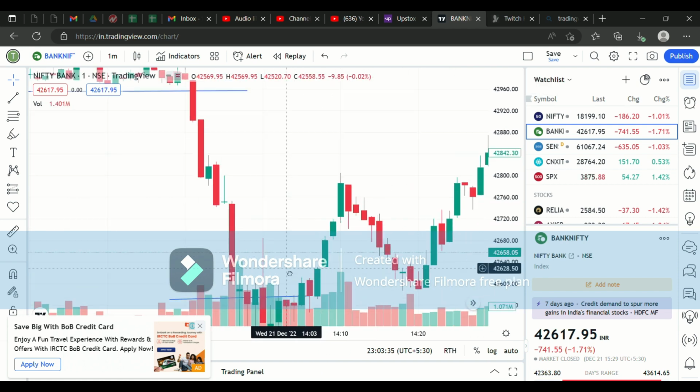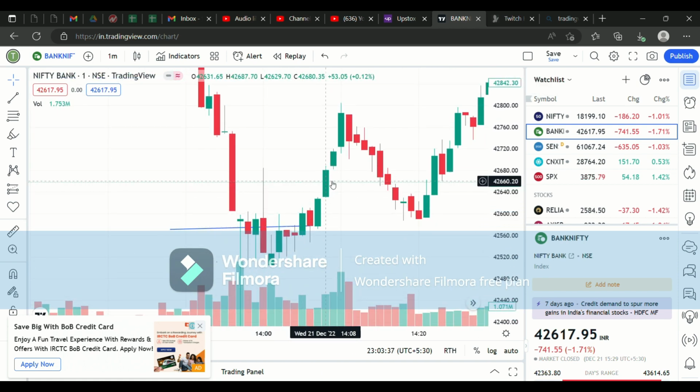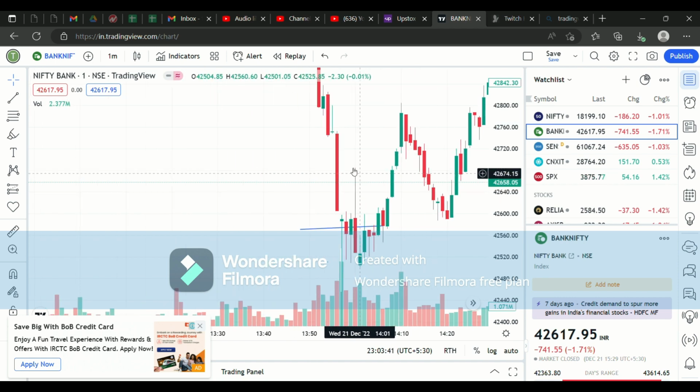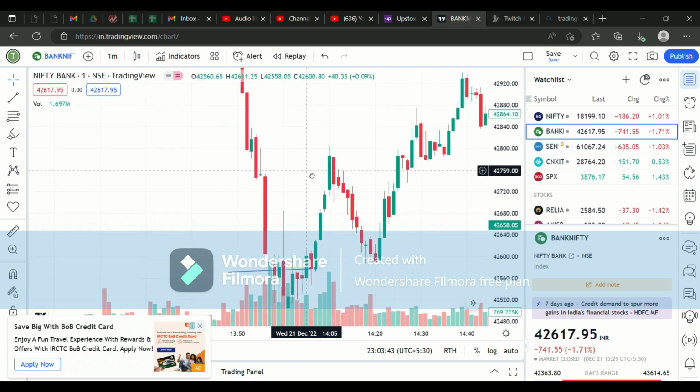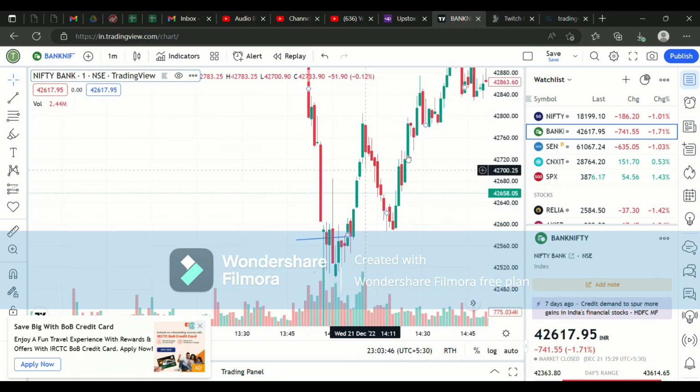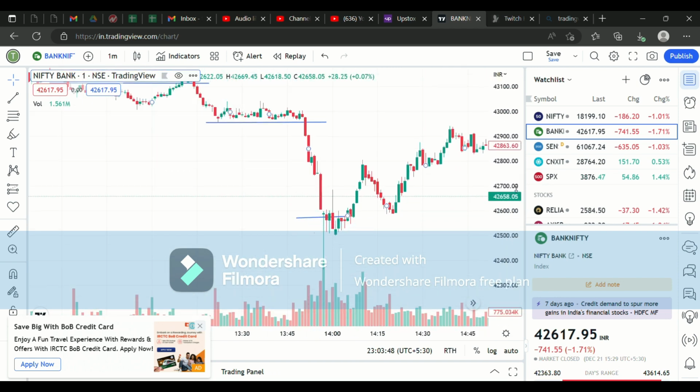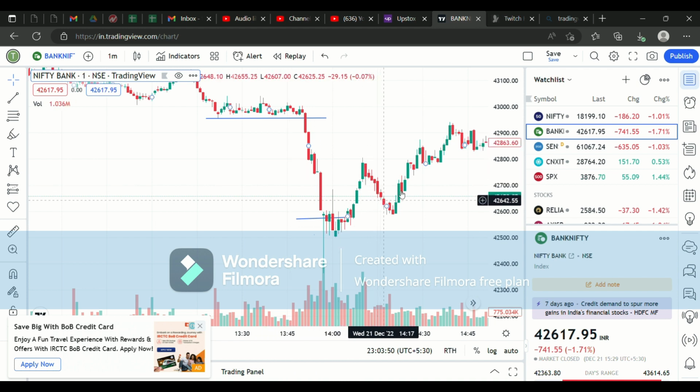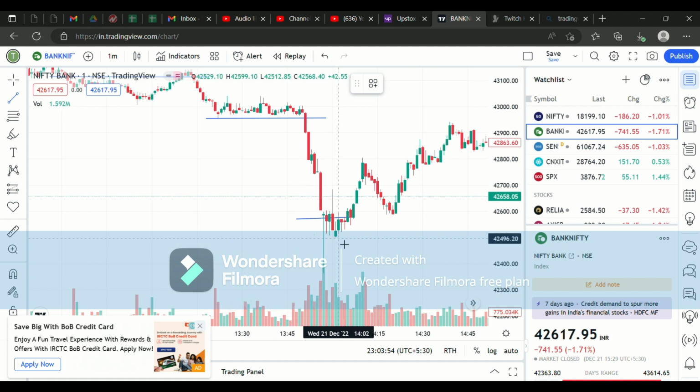And then suddenly it went up. So I didn't capture this move because I was not expecting a bull movement after such a huge fall. And it also made a W pattern. If you see, this is very much a W pattern. So it is also a very famous kind of trade.